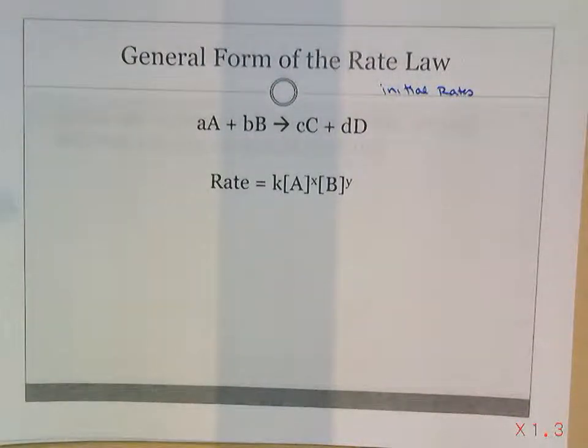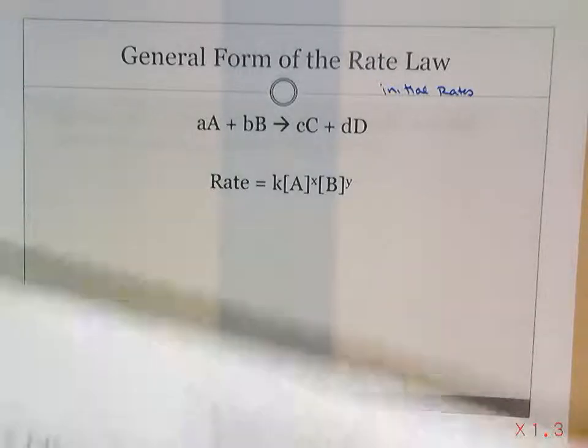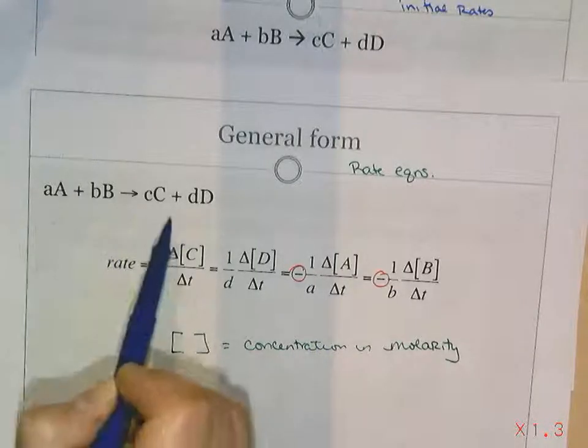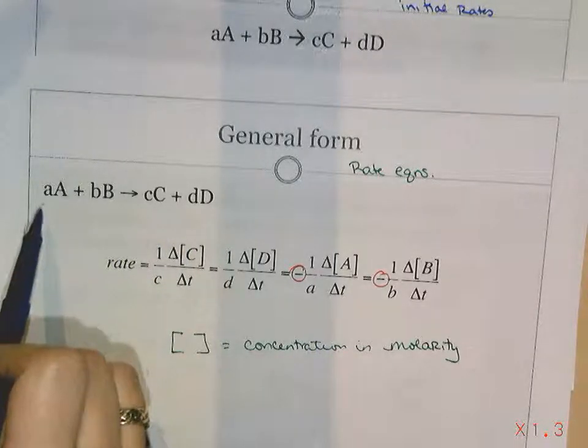What is the difference in these two equations? A few things. In my relative concentration rate equations, I'm comparing appearance of products and disappearance of reactants. Right? I'm comparing how fast each of them are appearing.